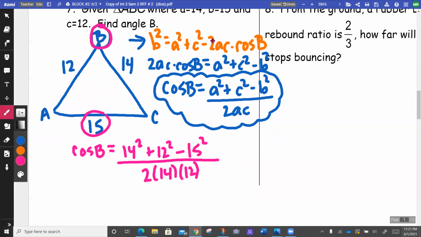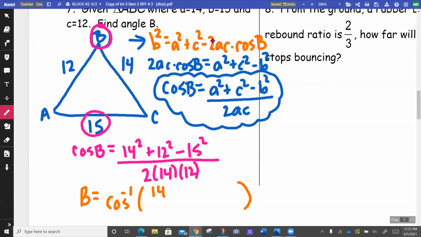Okay, now I can put that into my calculator, but I'm trying to find the angle B, not the cosine. So B is going to be cosine inverse of that whole entire thing. And I'm just going to put all of that into my calculator. You can put that in and get a number if you want, but I'm just going to put that whole thing into my calculator.